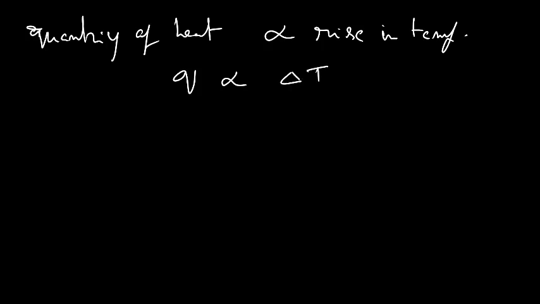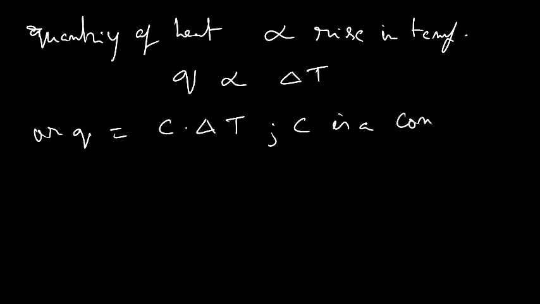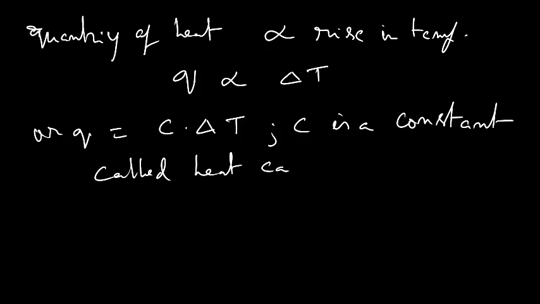The change in temperature is denoted by delta T, so Q is equal to C into delta T, where C is a constant, and this constant is known as heat capacity. How do we define the heat capacity?